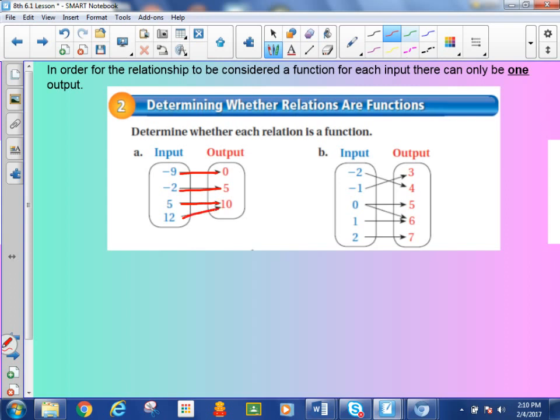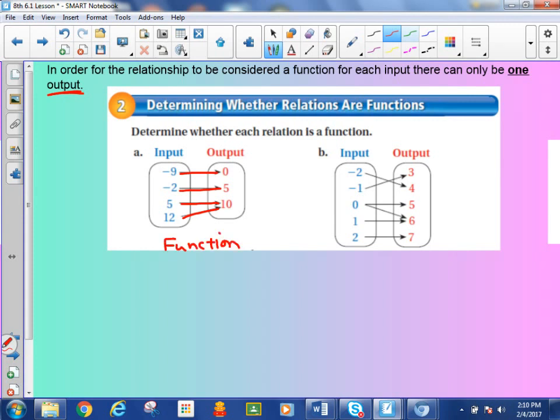So I have 5 and 12 that are both going to that number 10 output. Although it's set up that way, it would be considered a function. The whole point is that there can only be one output going from an input. I just can't have two arrows coming off of an input. So this would be considered a function.